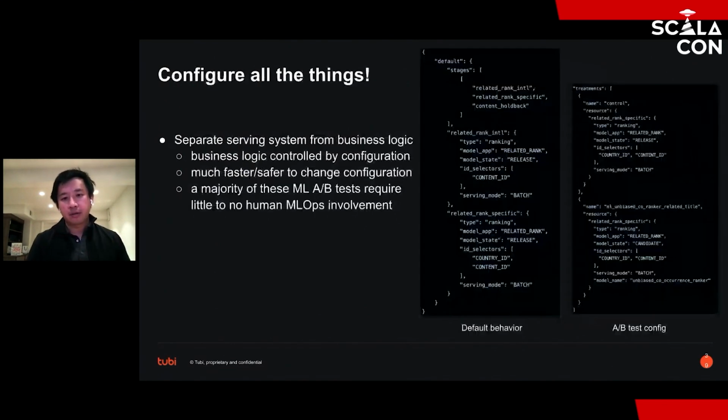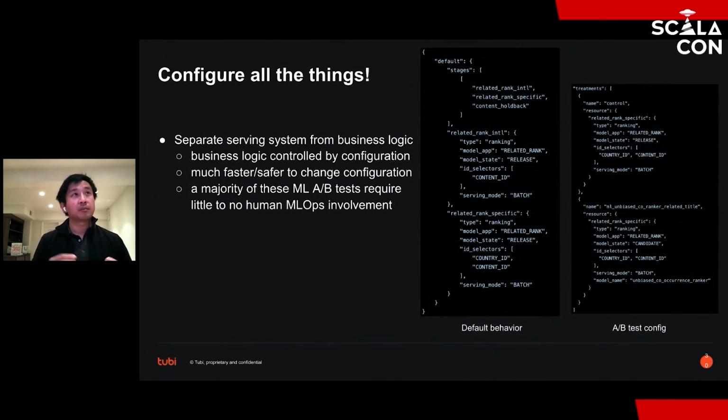So one compromise that we came up with was to encode as much of the application logic as possible in configurations, and the configurations set some guardrails for what you can change, the granularity at which you can change things, and how to encode experimentation to override certain parts of that configuration.